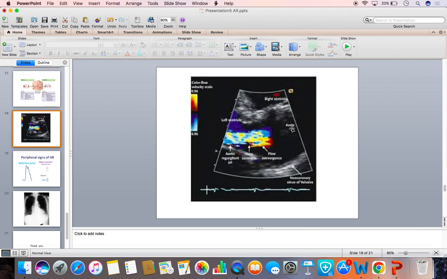This is the aorta, and there is a regurgitant jet into the left ventricle from the aorta. Okay, regurgitant jet.